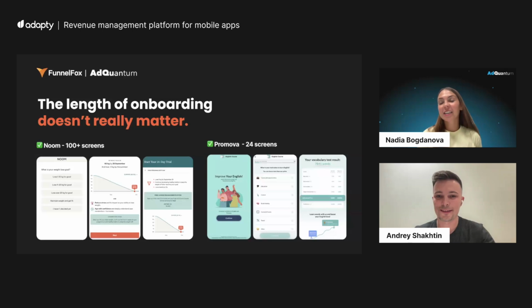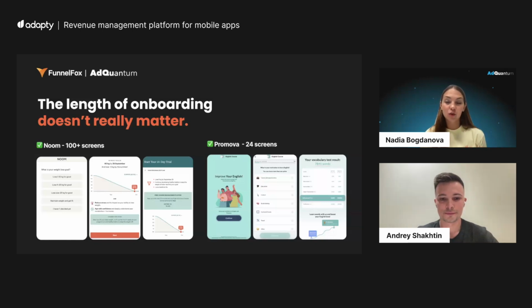The main point is that there is no right answer for what number of screens you should have. When you build the funnel, you should consider its main goals. You should raise the interest of the user in your product, because on a web funnel you will not give a free trial, but most funnels end with you should pay.